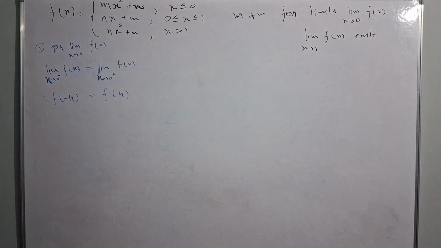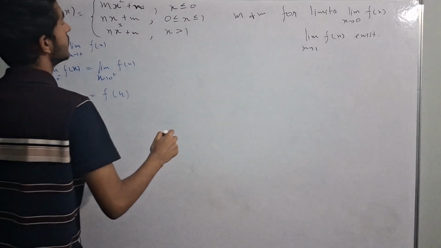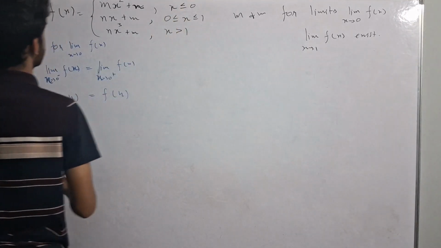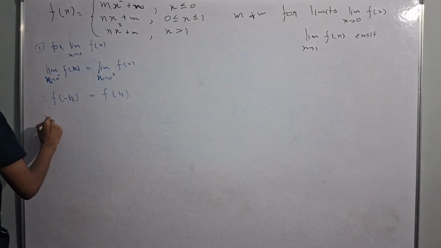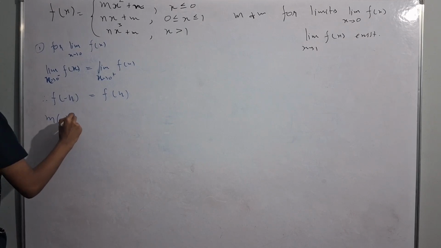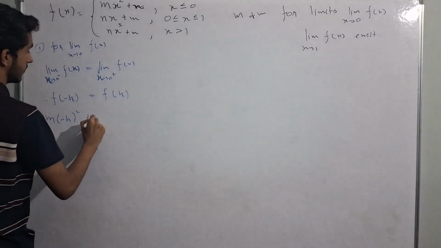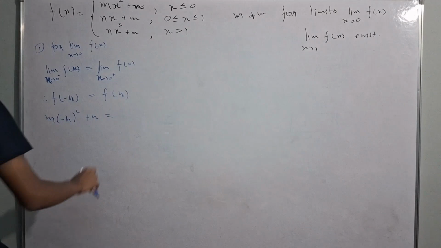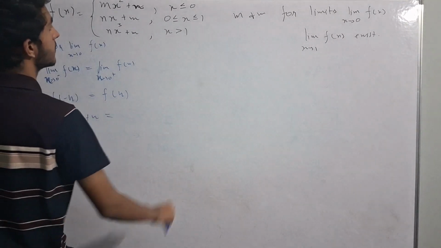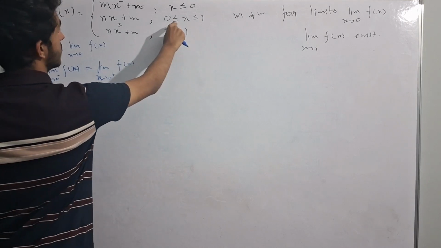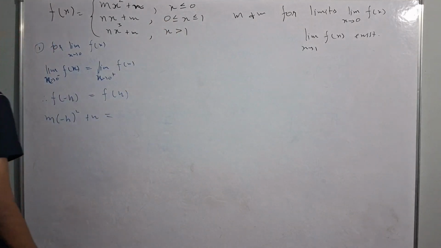So here x is less than 0. So in this case x is less than 0. So we'll do m into minus h square plus n is equal to, here x is greater than 0 and in this case x is greater than 0.